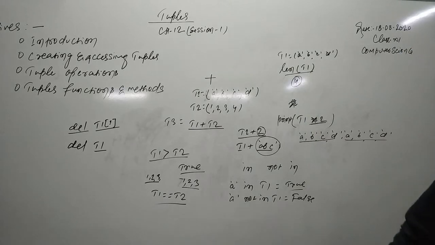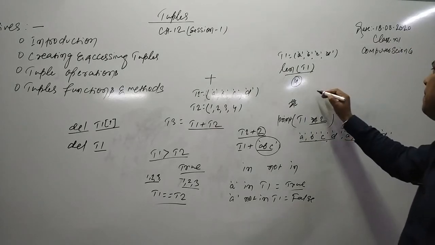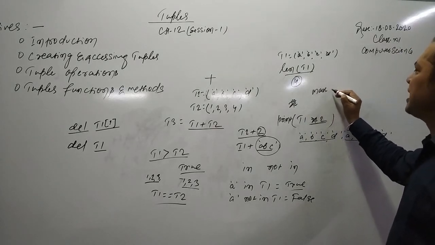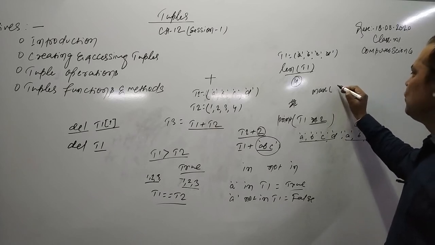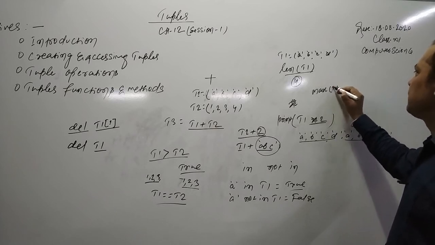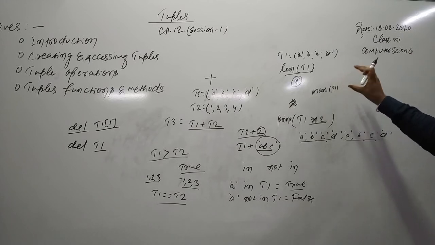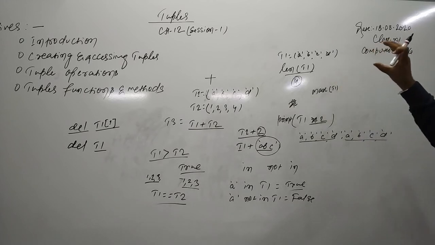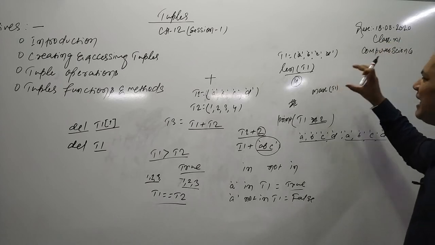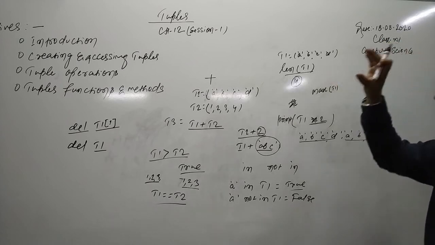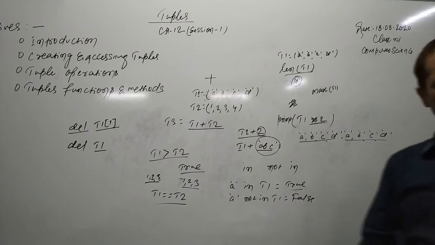That is len. The second method of yours is max. You have to pass the tuple name, suppose T1. In this case, mind it, it will give you the maximum of a tuple once the tuple has the same kind of elements. Keep that in mind.